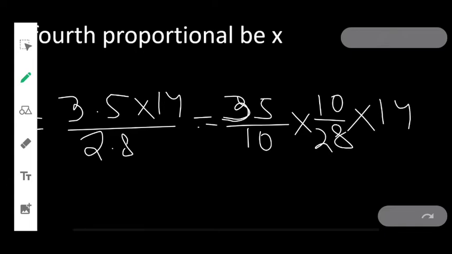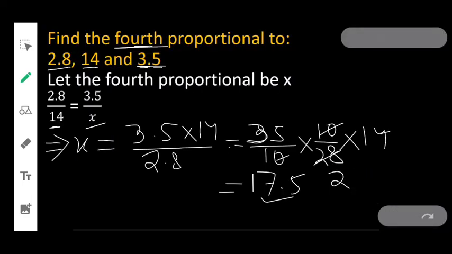Okay, so 14 twos are 28, 10 cancels, so 35 by 2 equals 17.5. That is the value of x, that is the fourth proportional to 2.8, 14 and 3.5. That is the fourth term, 17.5.